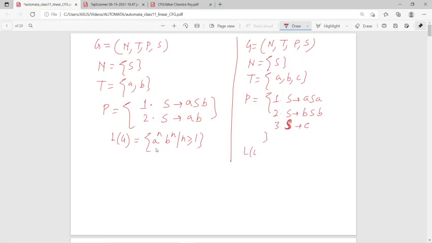And the language generated by this particular grammar is omega c omega reverse, where omega belongs to (a, b) star.